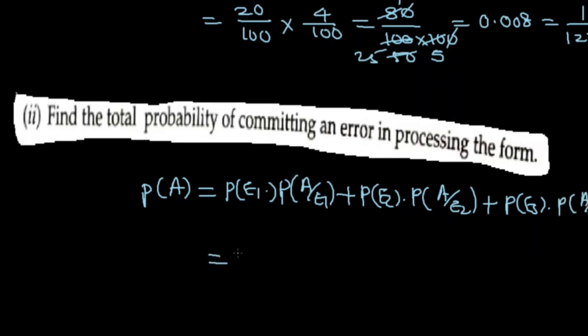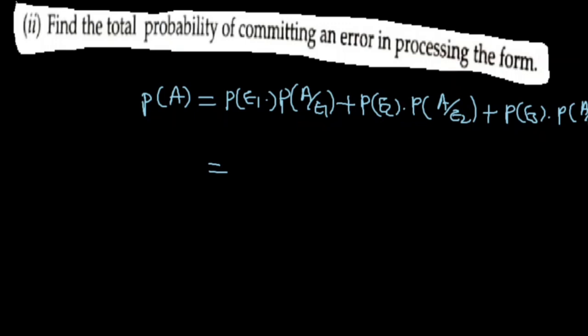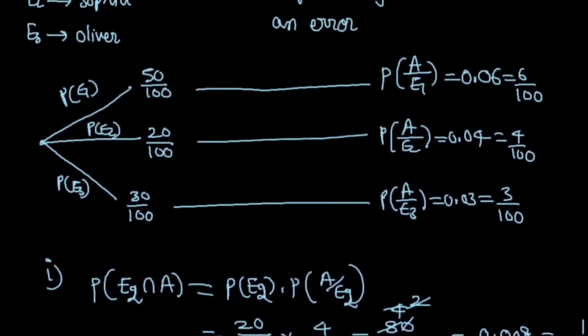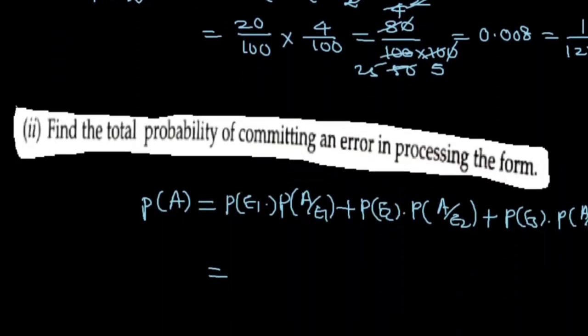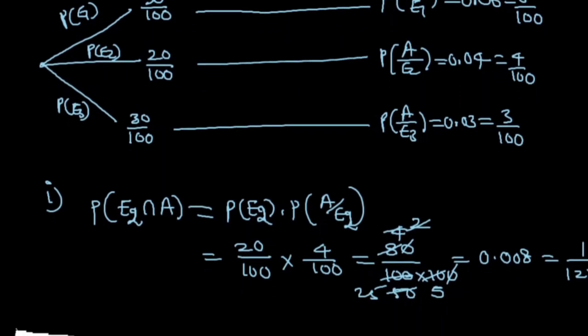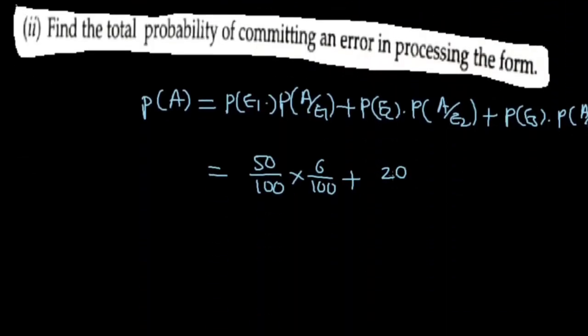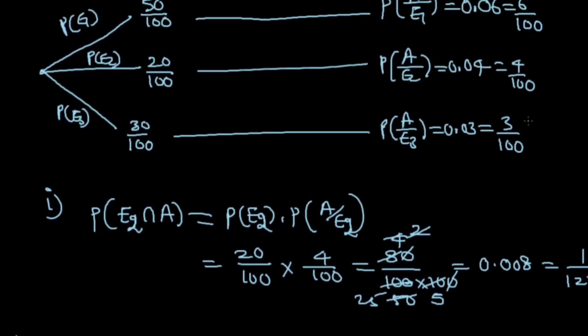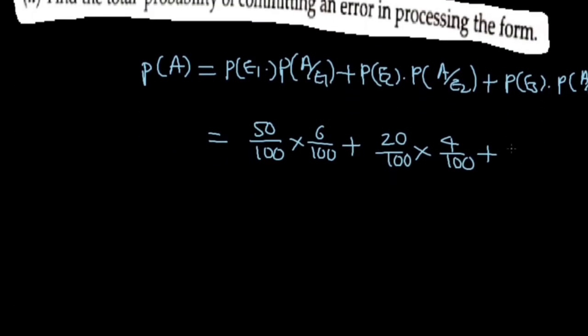So we will write 50 by 100 into 6 by 100 plus 20 by 100 into 4 by 100 plus 30 by 100 into 3 by 100.